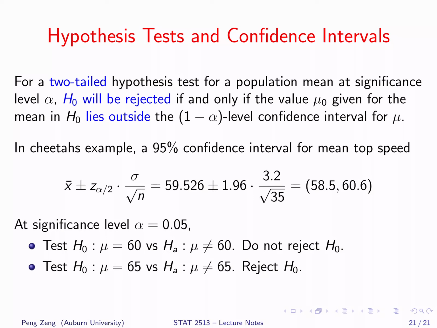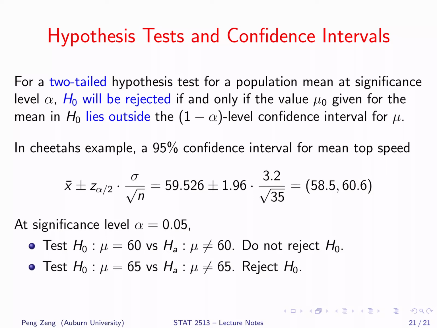Let's use a concrete example to explain what I mean here. For the cheetah example, a 95% confidence interval for the mean top speed is 58.5 to 60.6. If we want to test H0 mu equals 60, because this confidence interval contains 60, we do not reject H0.